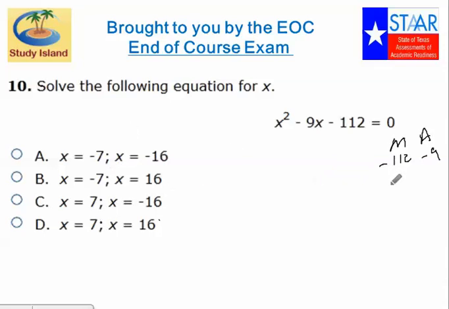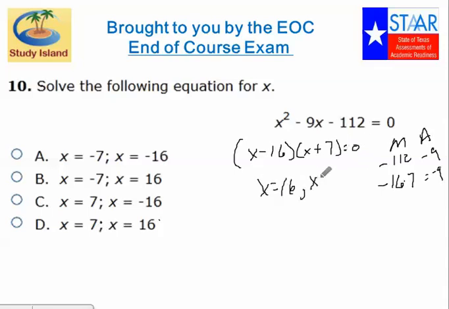I know that it's got to be a negative 16 times 7 is equal to negative 9 when it adds together. My factors: x minus 16, x plus 7 equals 0. So x is equal to 16 or x is equal to negative 7. And that would be this one right here.